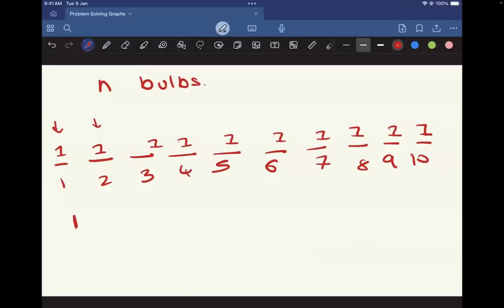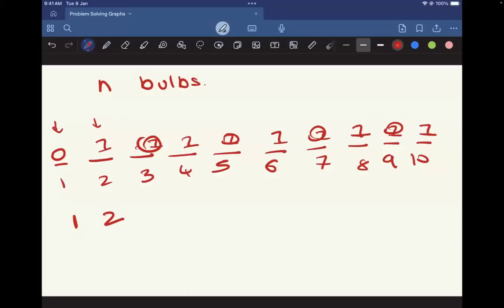Yes? Yes, sir. So this would be 0. This would also become 0, and all the rest 0. Okay. Now let's do this for 2. You would notice that 2 would become 1, 4 would become 1, 6 would become 1, 8 would become 1, and 10 would become 1.